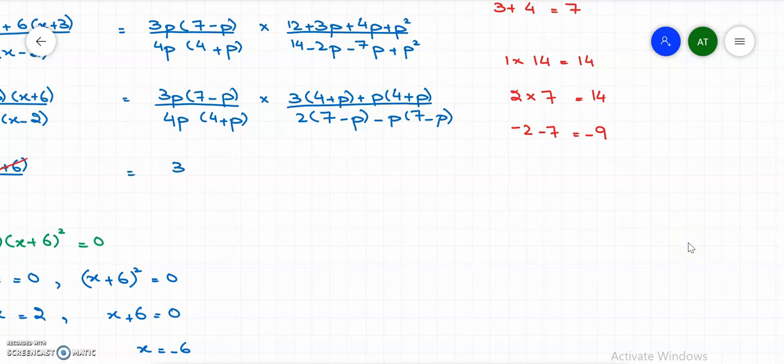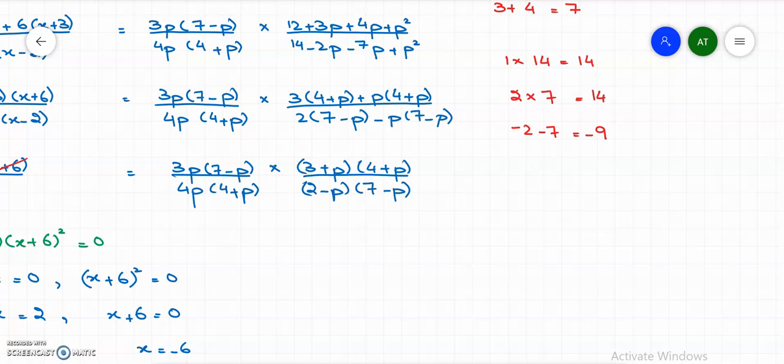So we have 3p into 7 minus p, divided by 4p into 4 plus p, times 3 plus p and 4 plus p over 2 minus p and 7 minus p.